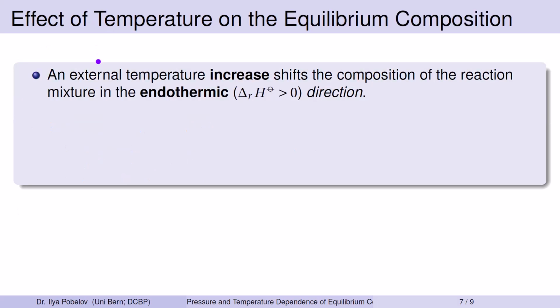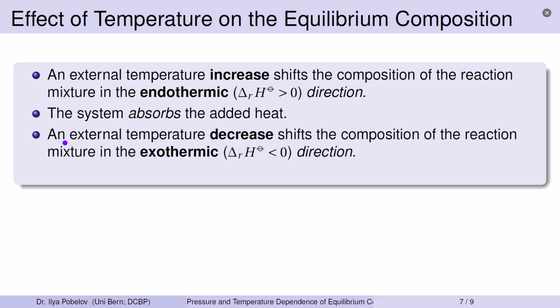When the external temperature increases, the composition of the reaction mixture will shift in the endothermic direction. Simply put, the system will absorb the added heat. On the other hand, when the temperature decreases, the composition of the system will shift in the exothermic direction.